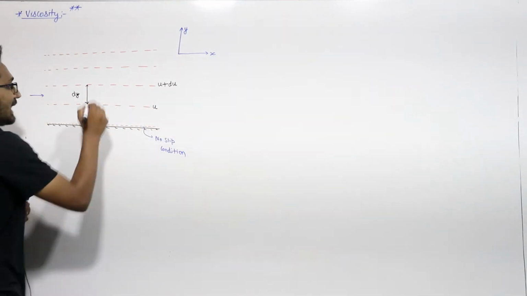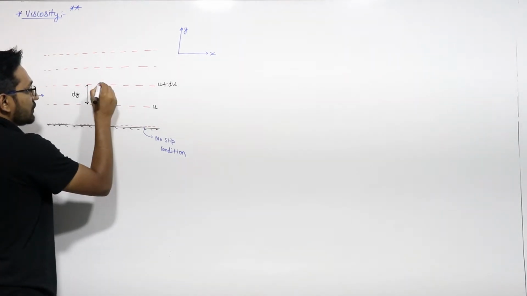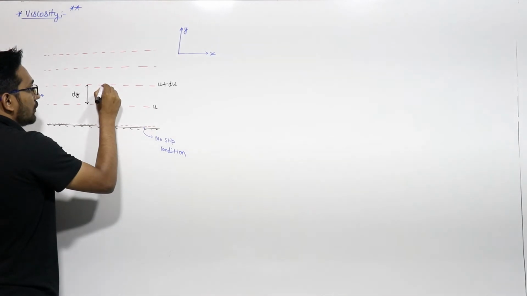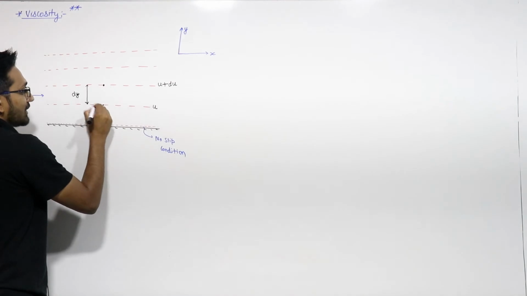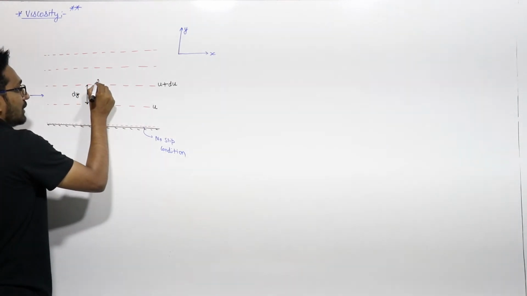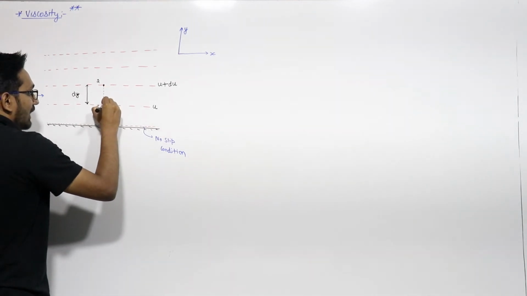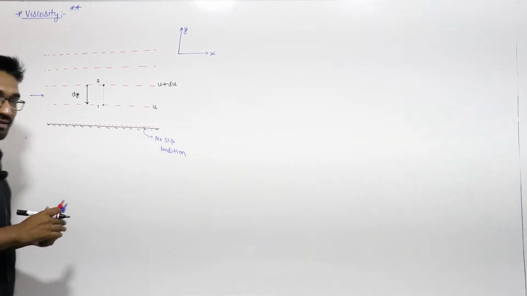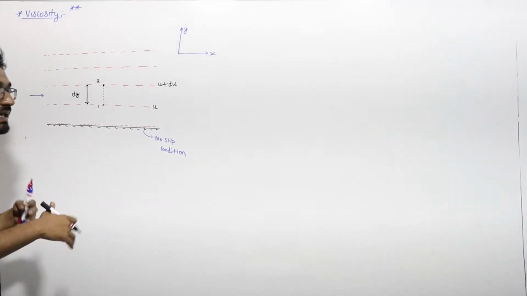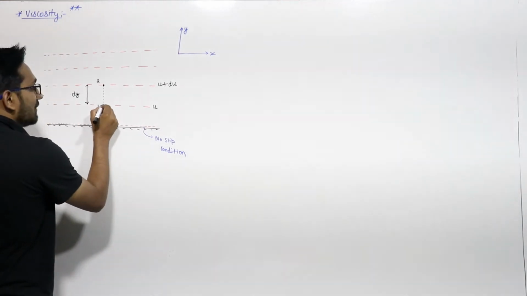Let us say that when time t is equal to 0, there are two fluid particles in these two layers. This is particle 1 and this is particle 2, separated by a distance dy. After a very small time dt, both particles will move.